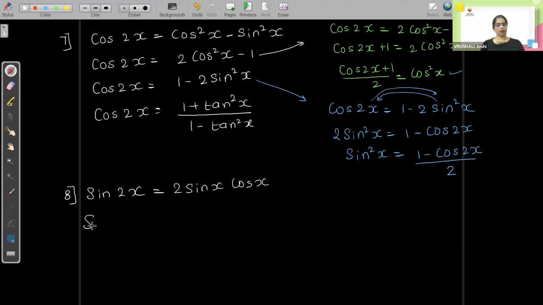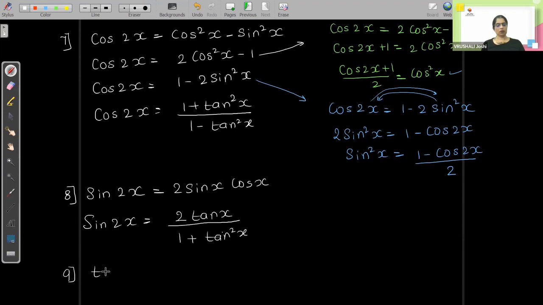And sine 2x, there is another way of writing sine 2x. What is that? That is equal to 2 tan x divided by 1 plus tan square x. Correct? And then we also have tan 2x. What is tan 2x? That is also a double angle formula, right? Triple angle formula will go to the next page. Correct?